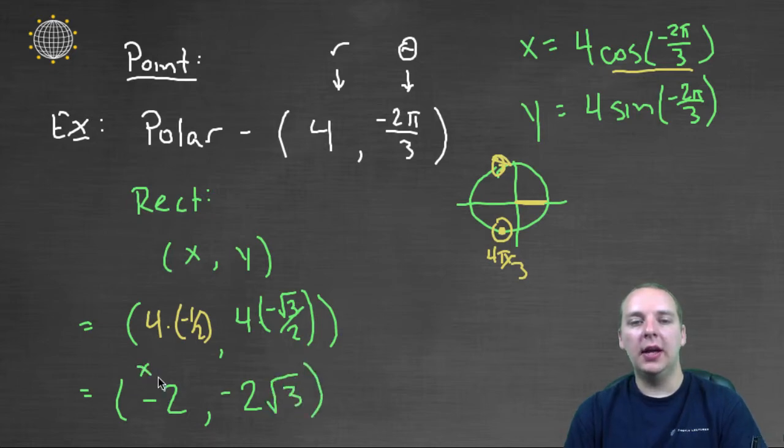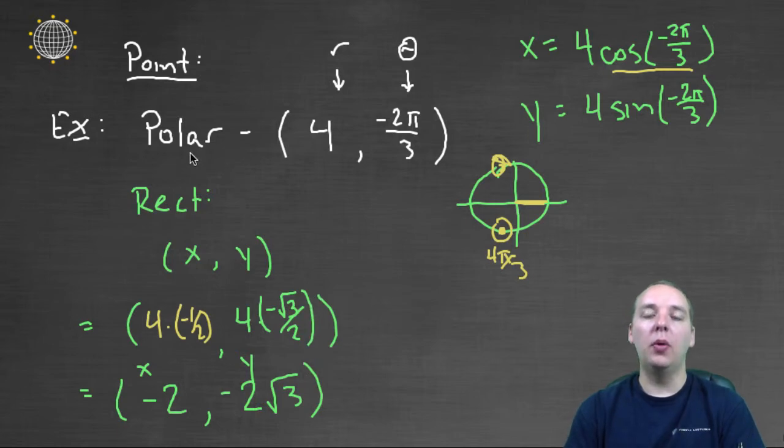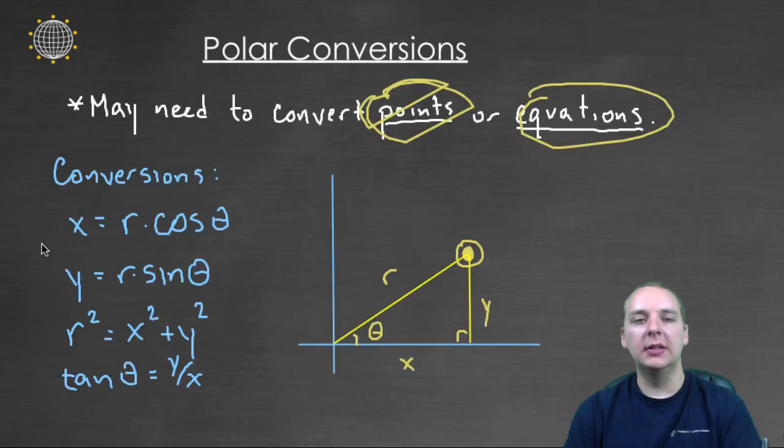So this is your x and this is your y coordinate for a point written in polar form with this particular value for r and value for theta. So that's how we convert one point to another. You simply go down this list and choose the appropriate one.